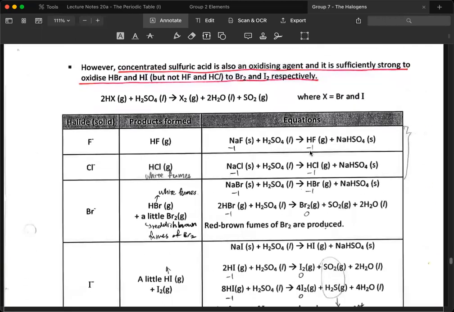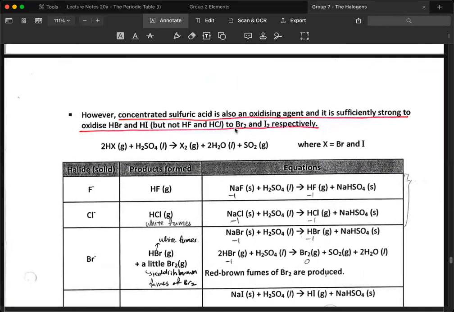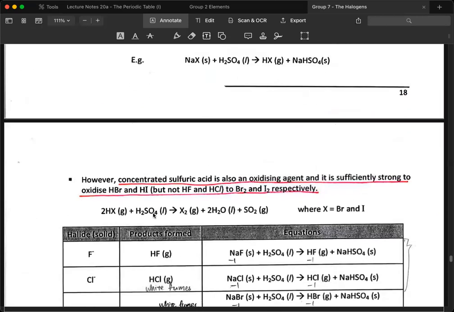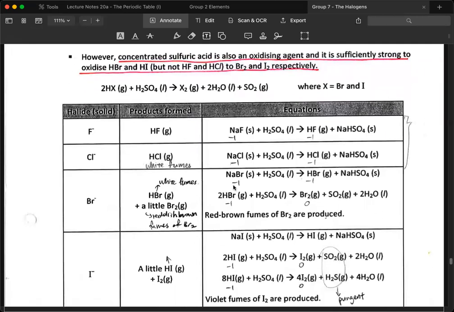It's just a list of reactions to be familiar with. So with sulfuric acid, NaF, the sodium halide with sulfuric acid gives HF, just an exchange, and NaHSO4. Then NaCl, same thing here. NaBr gives HBr, and the HBr can react further.